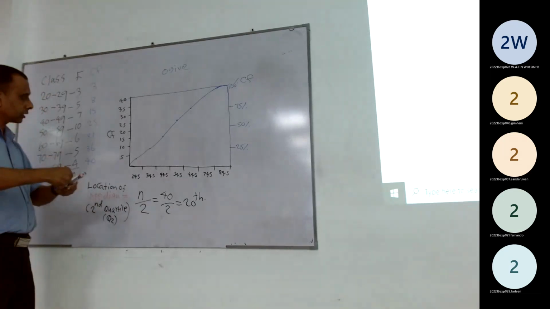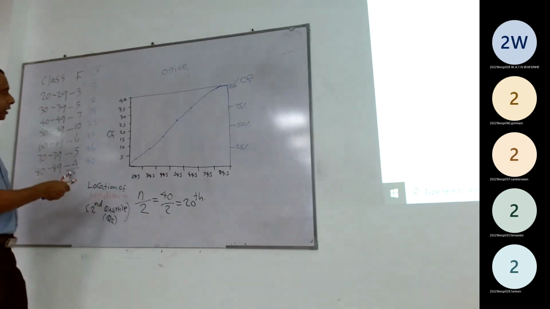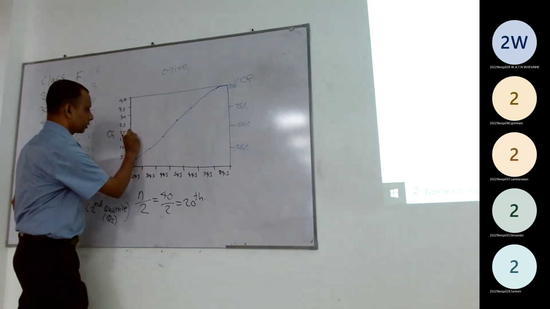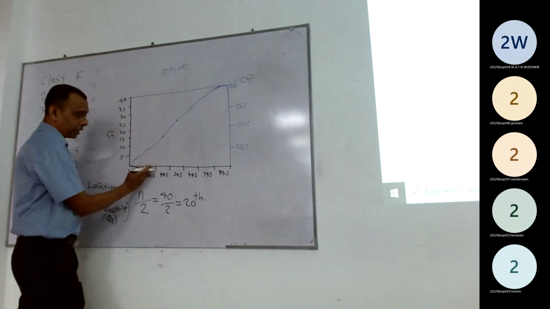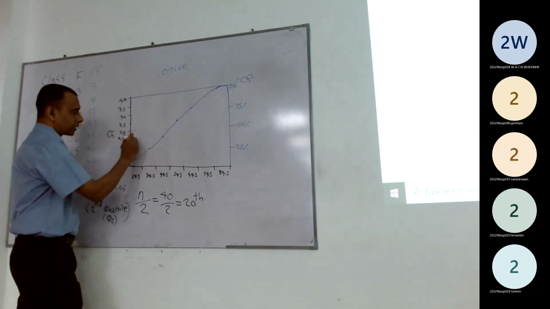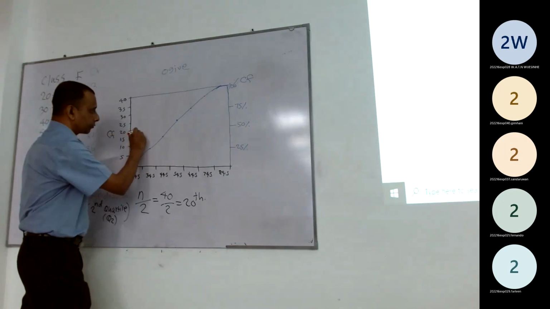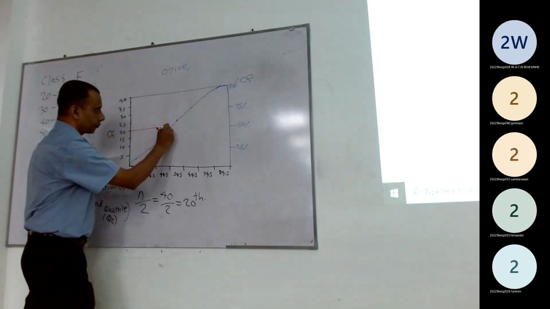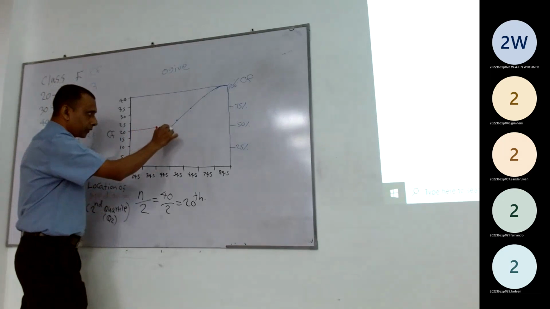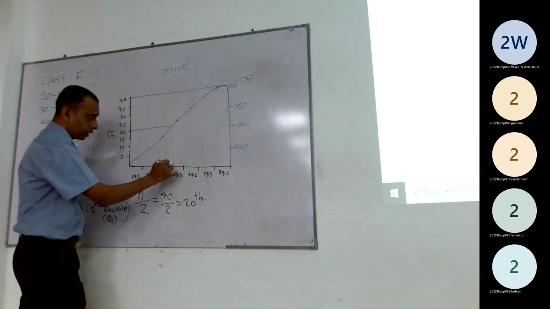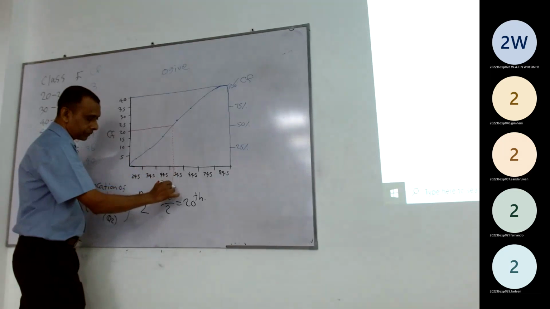Right, from the 20th you can take a line parallel to the x-axis, a linear line. From that, take it down here; this is called the median.